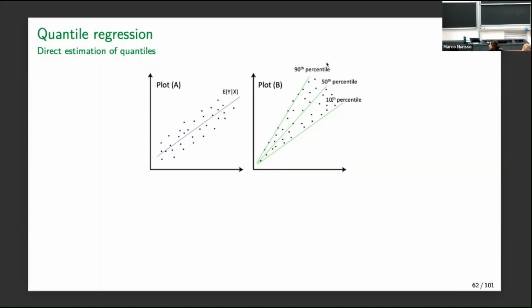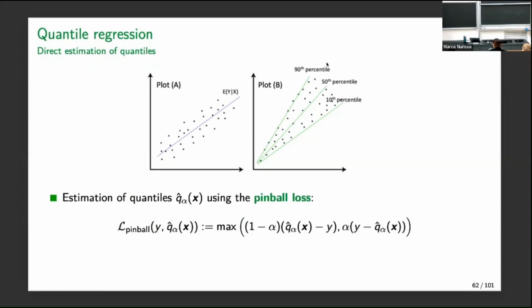But instead of fitting such a conditional distribution, if you only need the quantiles, you can also try to fit a model for those quantiles directly. So instead of having a regression model for the mean, we can have a regression model for the quantile. Typically you do that by optimizing the so-called pinball loss.